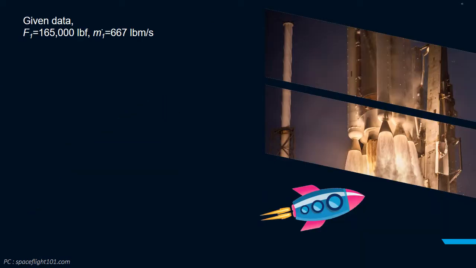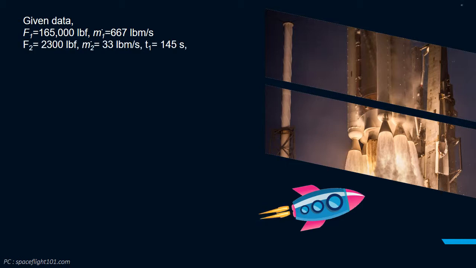Given data. Here we consider Atlas-2 missile of multiple liquid engine. Missile had two booster engines. Let's assume that this is first stage. At this stage, boosters have a thrust F1 of 165,000 pound-force at a mass flow rate m dot 1 of 667 pound-mass per second.